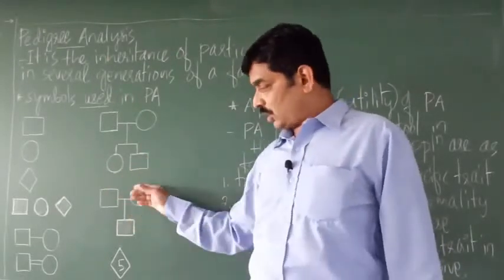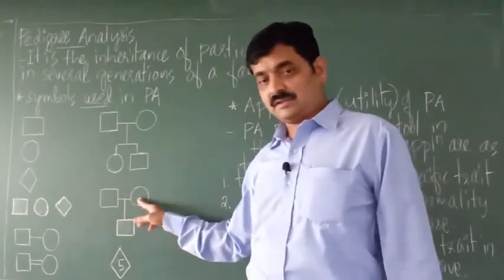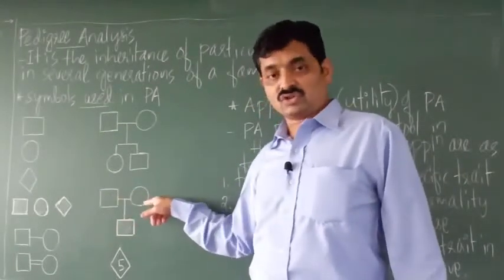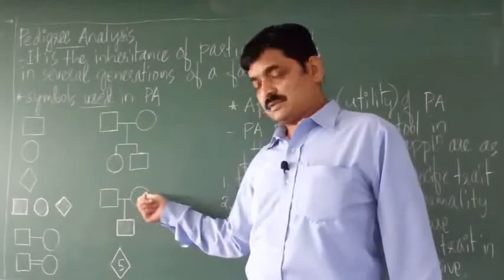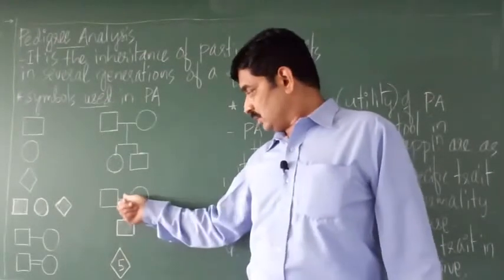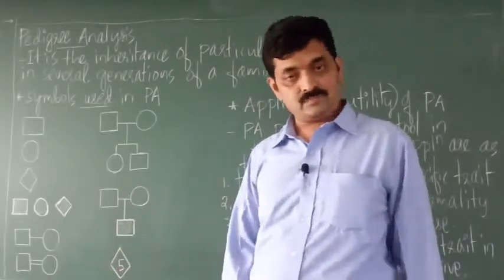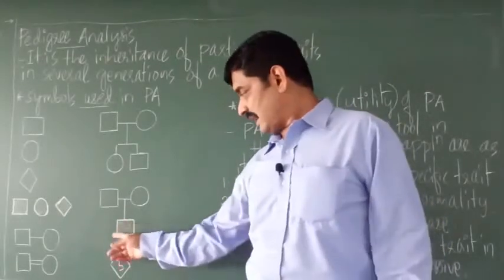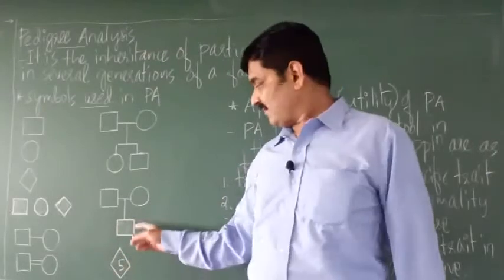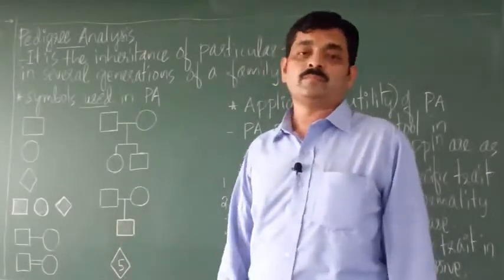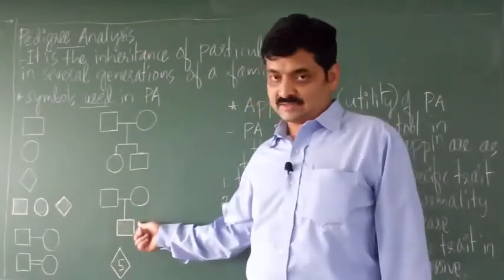The next symbol: male and female linked with a horizontal line means they are married. The vertical line indicates they have a child, a single child. The sex of this child is male.